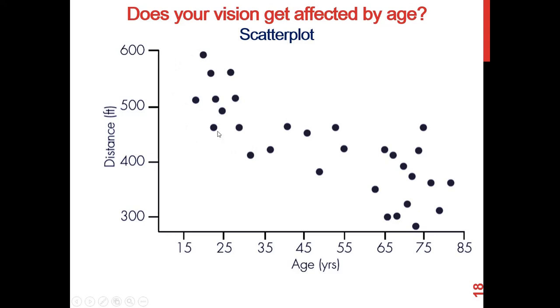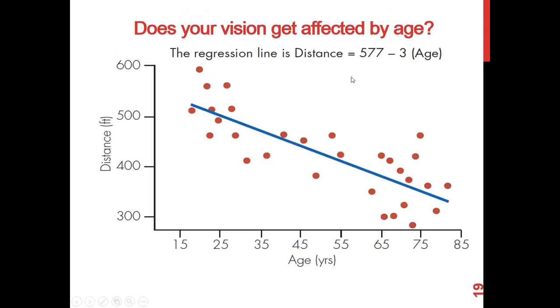So it seems that younger people do tend to see at a very far distance compared to the older generation, and the middle aged people are somewhere in the middle. So it seems that yes, the vision seems to be worsening with respect to age. And we will see later something called regression. This is a technique which can be used to capture such trends.